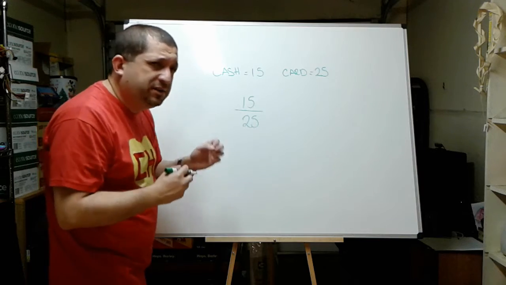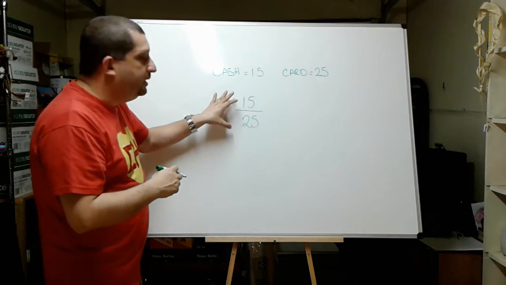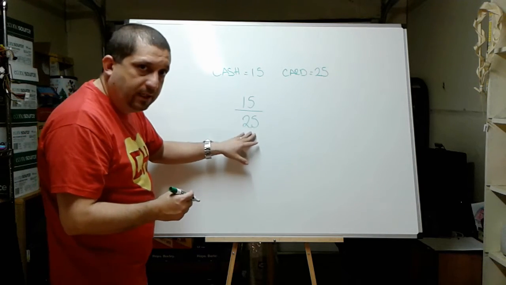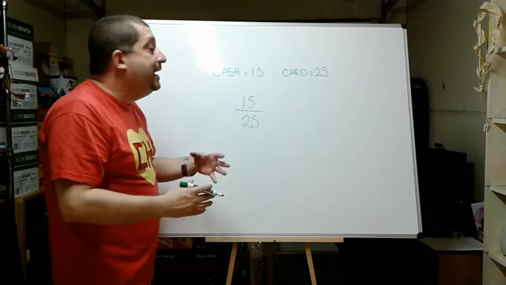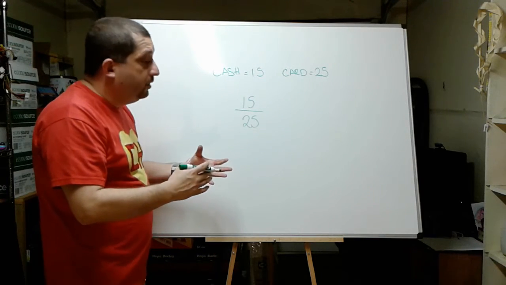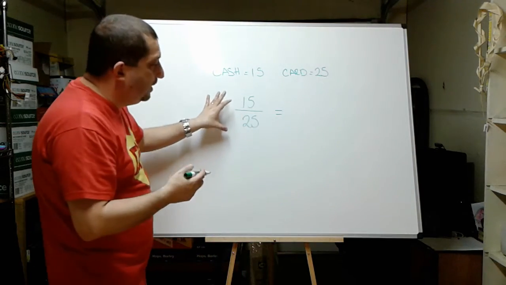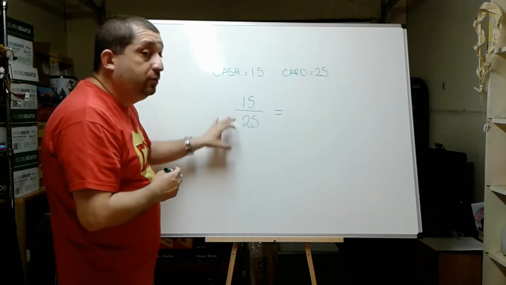So the ratio is very simple. To find the ratio, my friends, all I have to do is look at this as a fraction and then reduce this fraction to the lowest terms, or by the greatest common factor. We learned this in another lesson, okay? So can I reduce this by 2? No, I can't. Can I do it by 3? No. By 4? No. I can do it by 5.